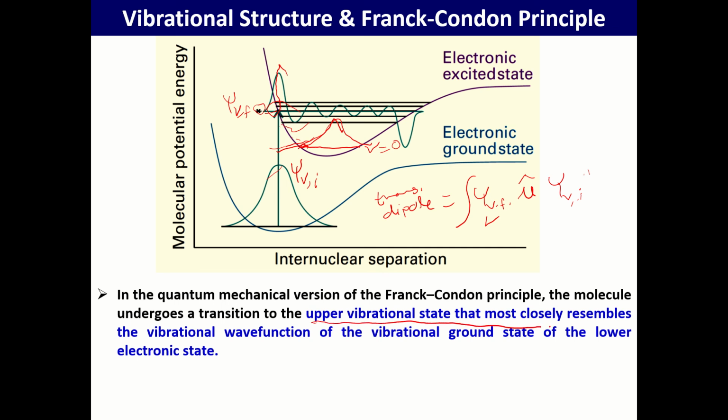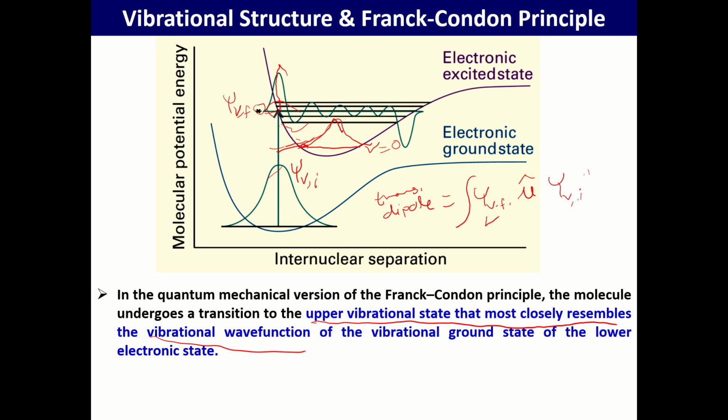Upper vibrational state that most closely resembles the vibrational, meaning the upper wave function will look almost similar to the lower ground wave function at that particular point, where the state line goes upward, that will give you the maximum value of absorption. Okay, because your transition dipole is of much higher magnitude.